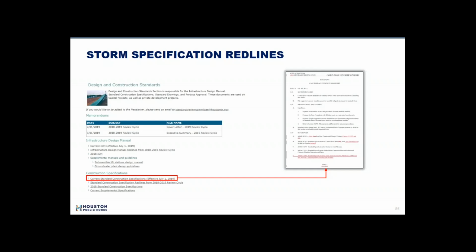Please note that the 2018 standard specifications will remain online as a reference in case you have a construction project that was bid using those specifications. The link to those can also be found on the same website under the construction specifications header. It is the third link under that header.